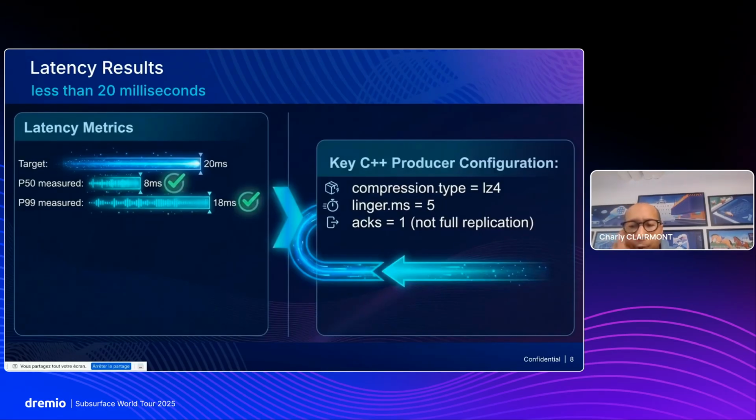And we also used acks=1 because we want to have the ability to respect our constraint of 20 milliseconds, so we do not opt to have all the data in each broker. The result was to have the data in 5 milliseconds. So we were very, very happy with the result.